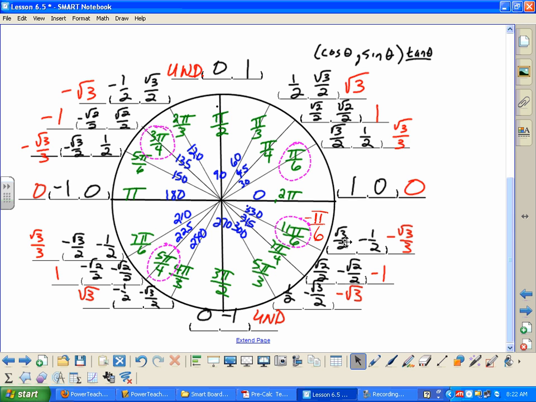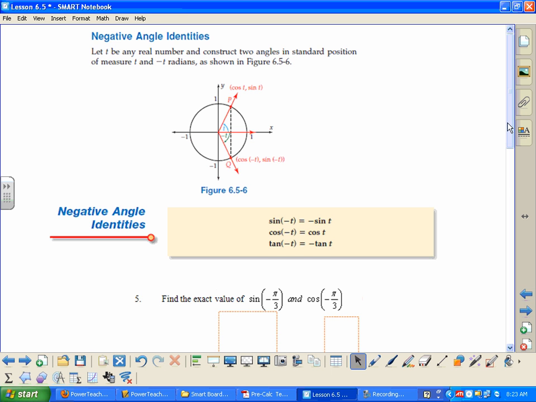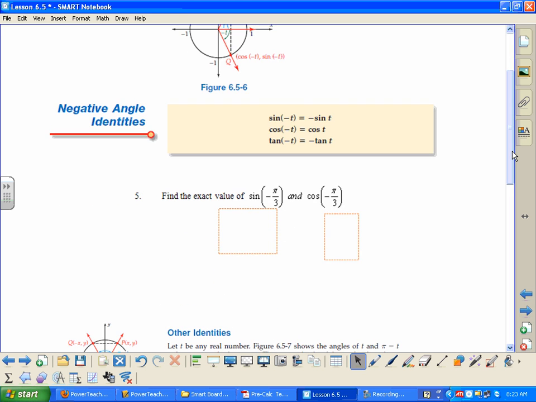And for tangent, the signs change. So those are the negative identities: the sine of a negative angle is equal to the negative of the sine of the angle. Cosine of a negative angle is equal to cosine of the positive angle. Tangent of a negative angle is equal to the negative of tangent of the angle.